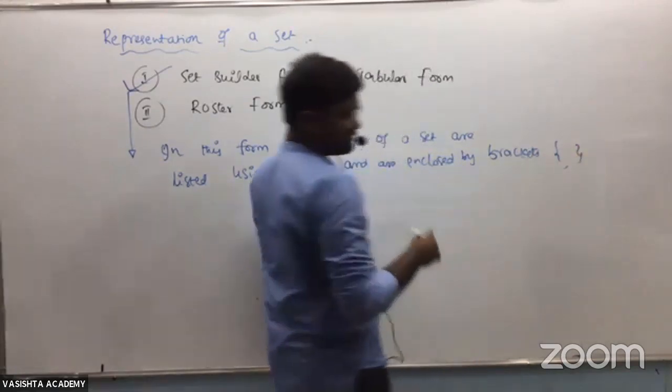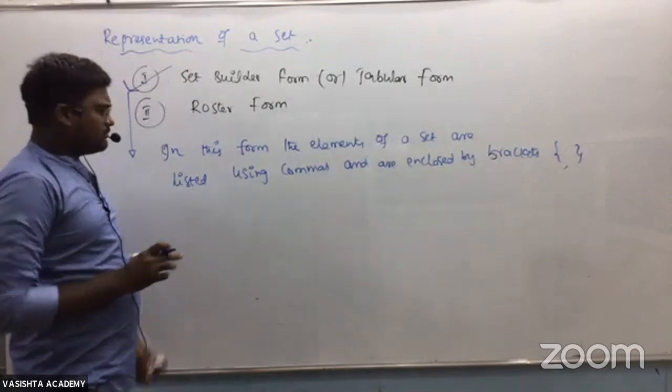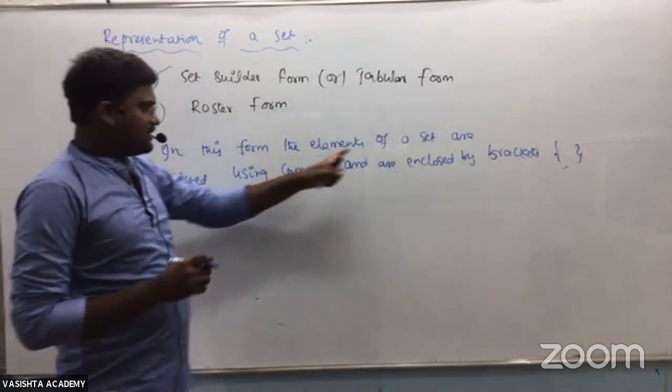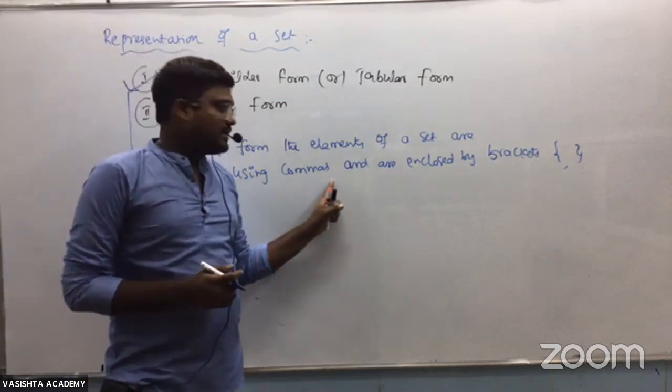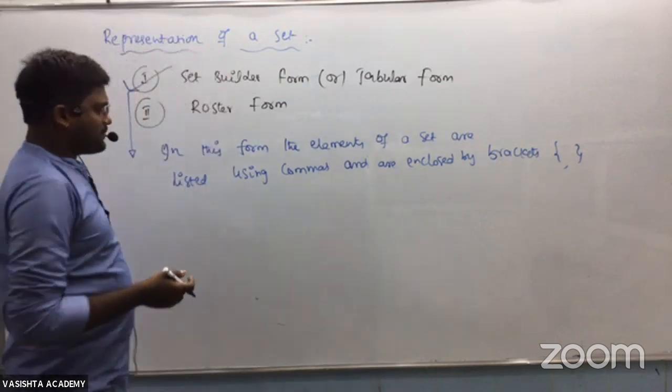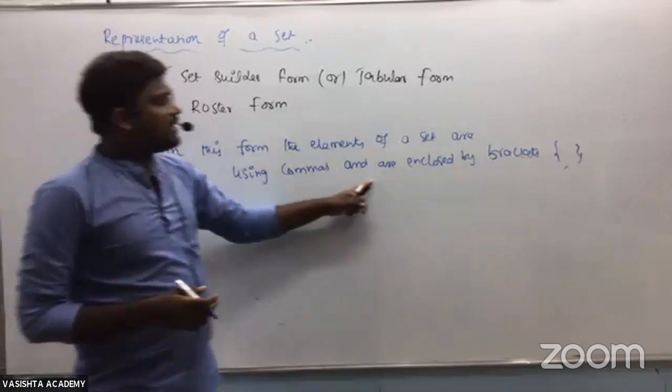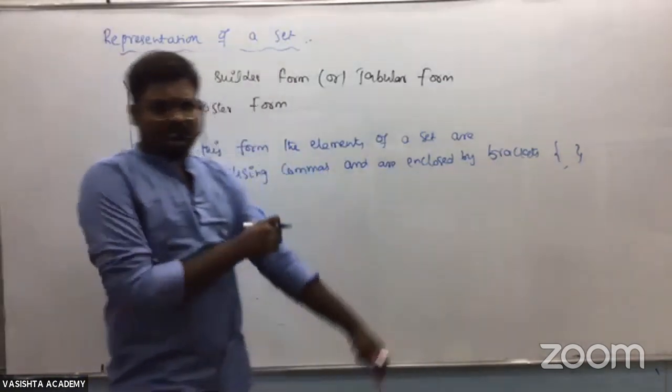Enclosed by these two brackets. Okay. In this form, the elements of a set are listed or written using commas, are separated by commas, and are enclosed by brackets.